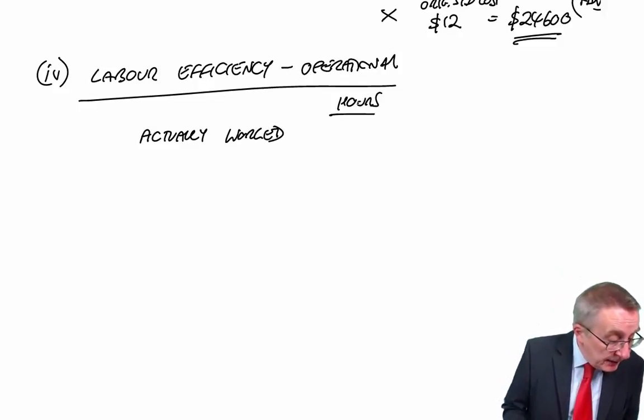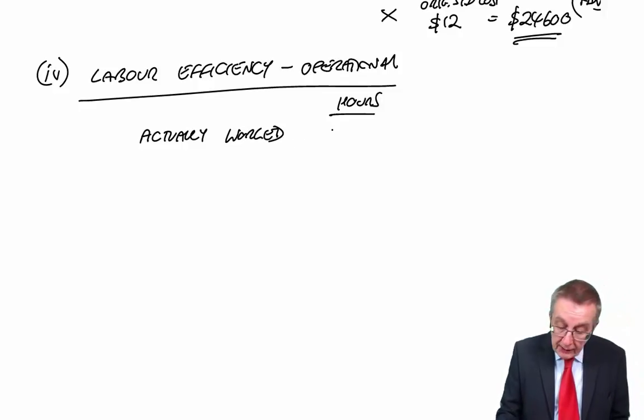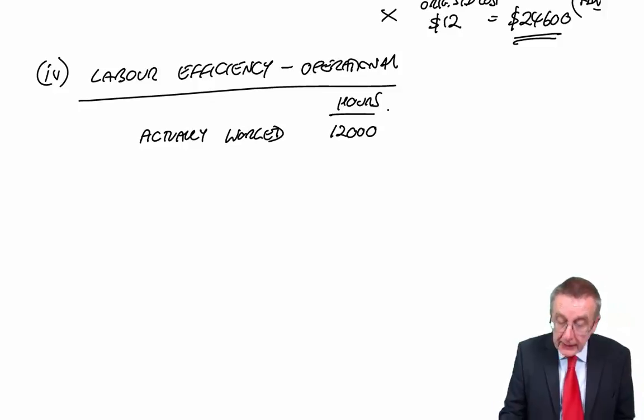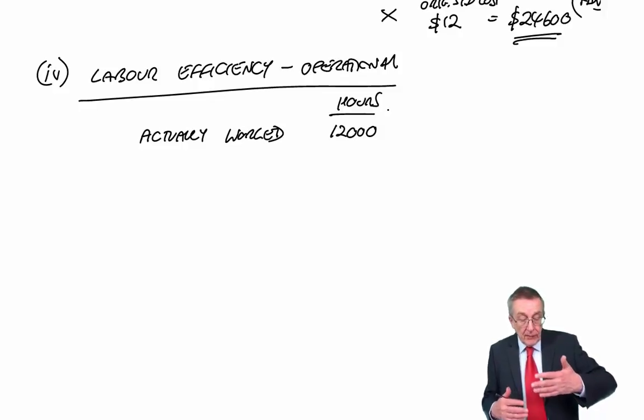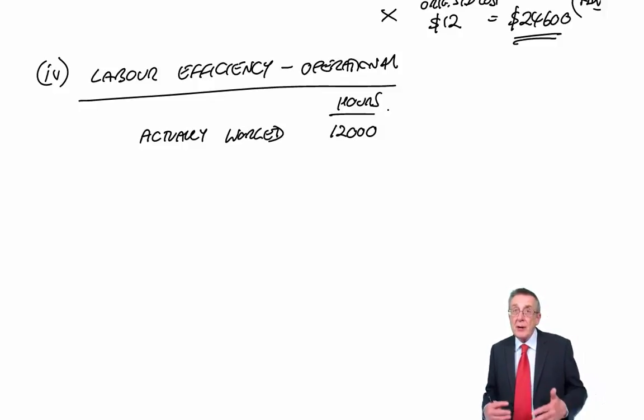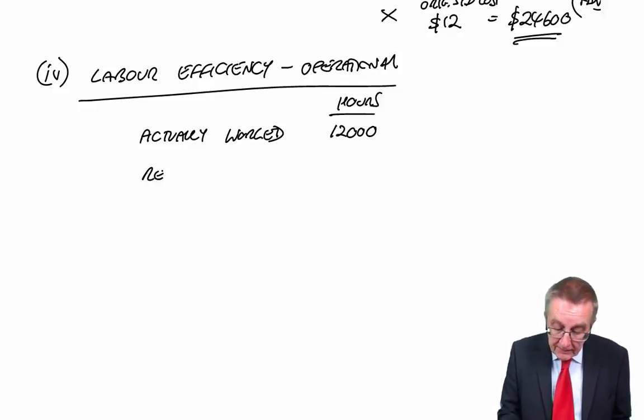I had it earlier, but let me check. Yeah, fourth line of the question. 12,000 hours is what we actually worked. For the operational variance, I need to know was that longer or shorter than what we now planned to work, the revised standard hours for the actual production.